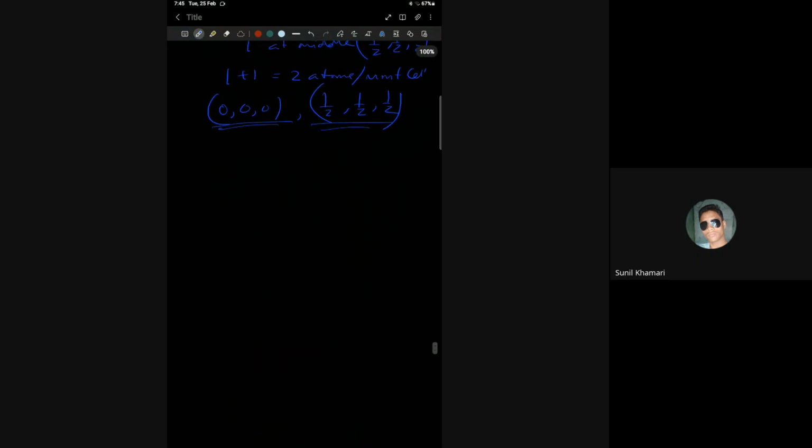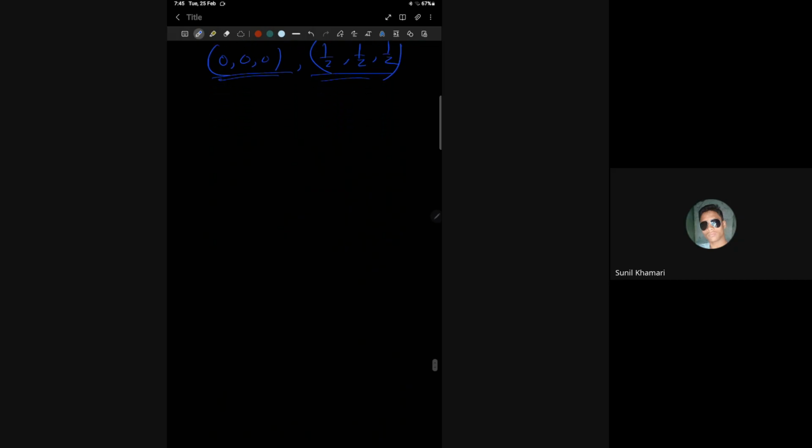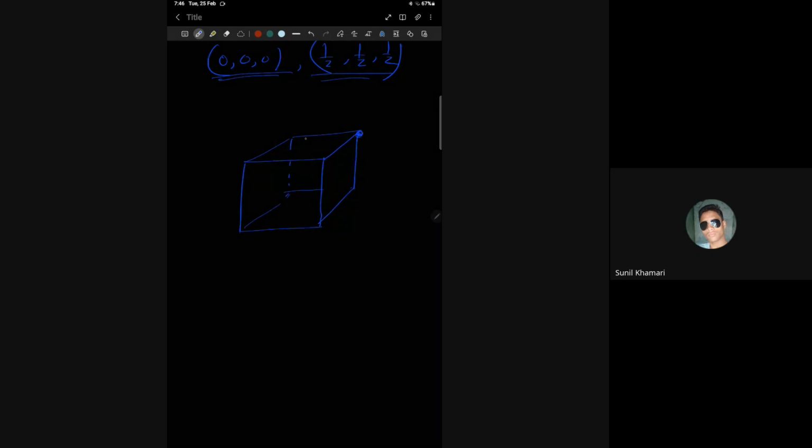So if you draw it, we have atoms at the 8 corners.